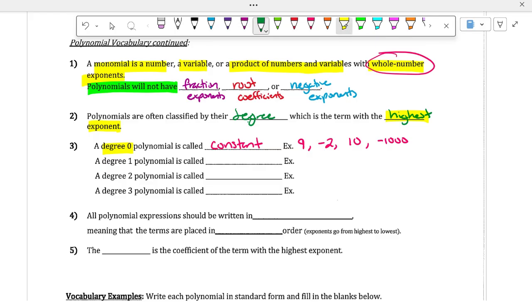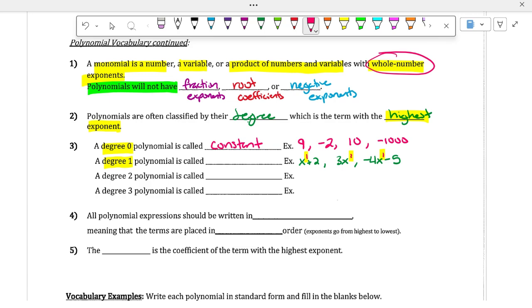Now, if the degree is 1, just for some examples: x plus 2, 3x, -4x minus 5. If you notice, the highest exponent on all of these is 1, because if it's not raised to any power, the unspoken exponent is 1.